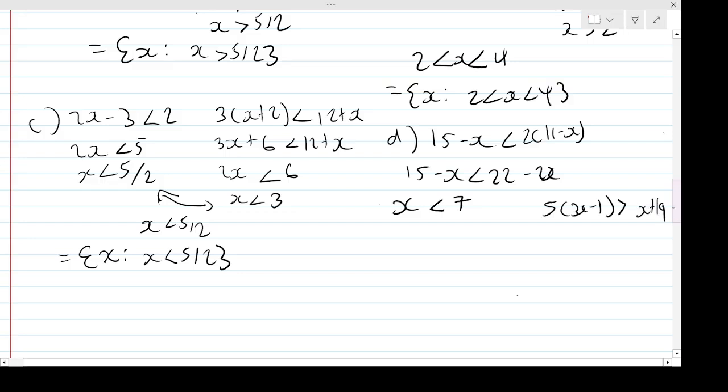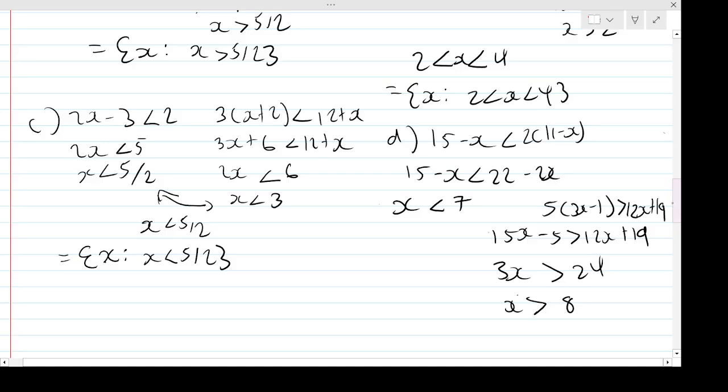So I'm going to first expand the bracket, so we get 15x minus 5 is greater than 12x plus 19. Then I'm going to take away 12x from both sides to get 3x, then add 5 to both sides, with 3x greater than 24. That means x has to be greater than 8, if we divide by 3.